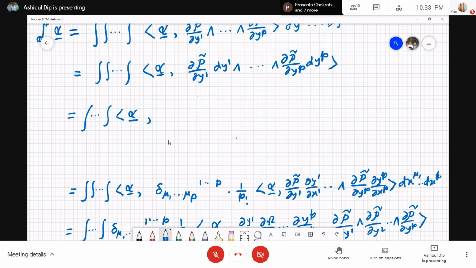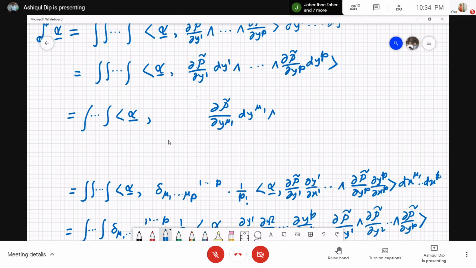Okay, first, here I have sequenced indices 1, 2, 3 up to p. I do not want that. First, I want this thing, delta p tilde by delta y mu1, d y mu1, like that.